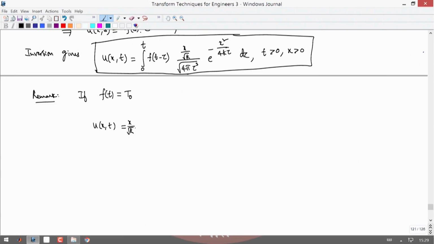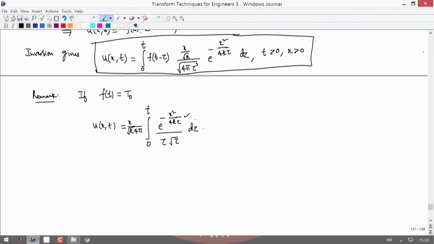So, you have root k is 4 pi k, and you have integral 0 to t times e power minus x square by 4 k tau, with tau root tau cube. I am writing tau root tau as d tau.